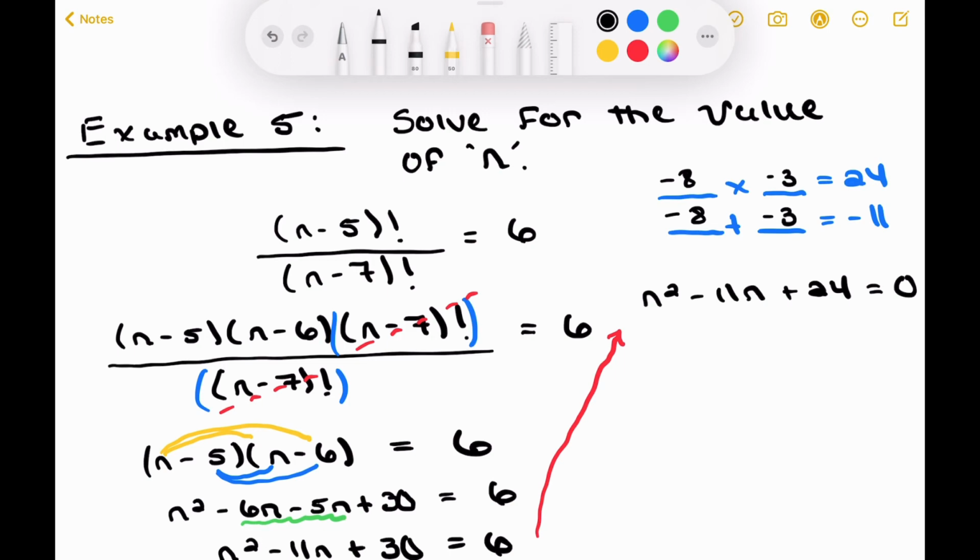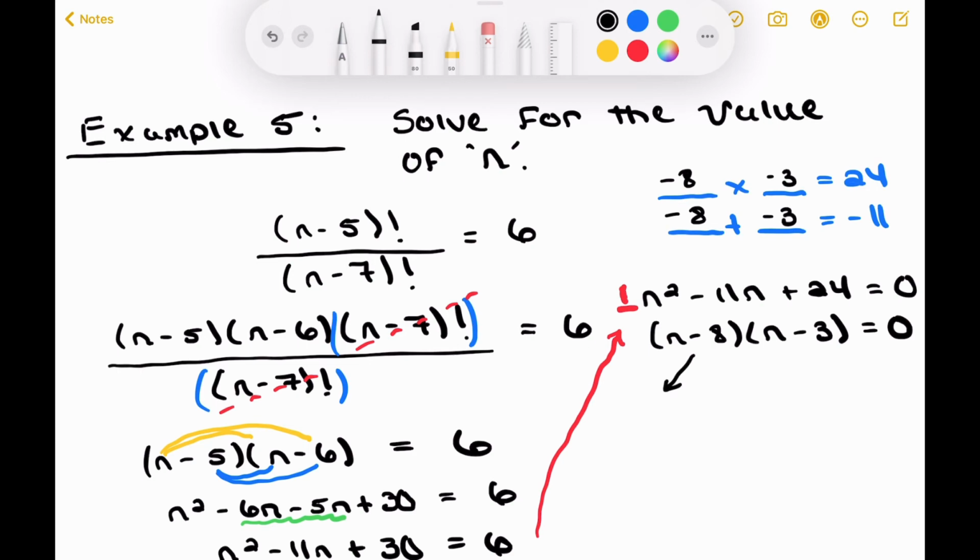And then we don't have to apply decomposition because the value in front of our squared term is just 1. And anytime that's 1, you don't have to do decomposition, and we can immediately rewrite this as factored terms by going n minus 8 and n minus 3 is equal to 0.